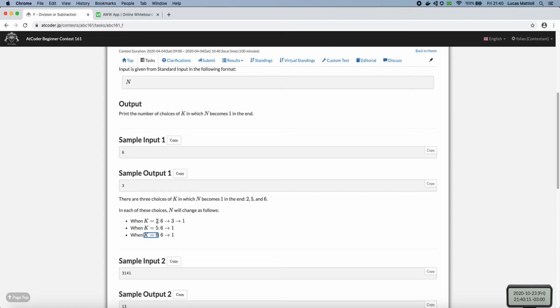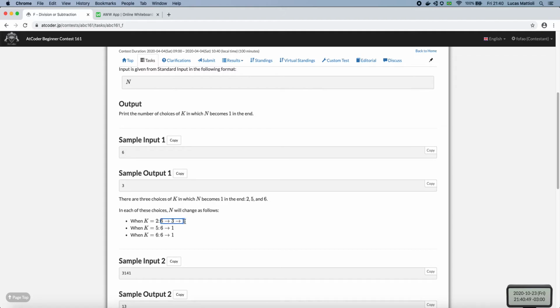So for example, if k is 2, then we start with 6, which is the given n, and we see that k, which is 2, divides 6, so we divide 6 by 2, and then we arrive at 3. Now 3 is not a multiple of k, or k does not divide 3, so we need to subtract 2 from 3. So in this case, we will arrive at 1, and this is a good k because the final value of n is 1.